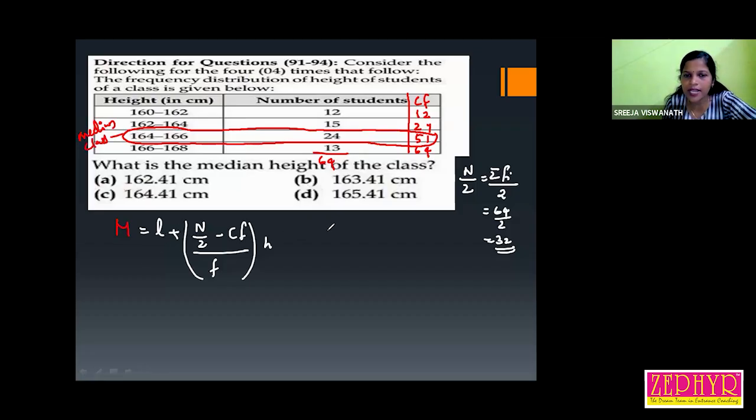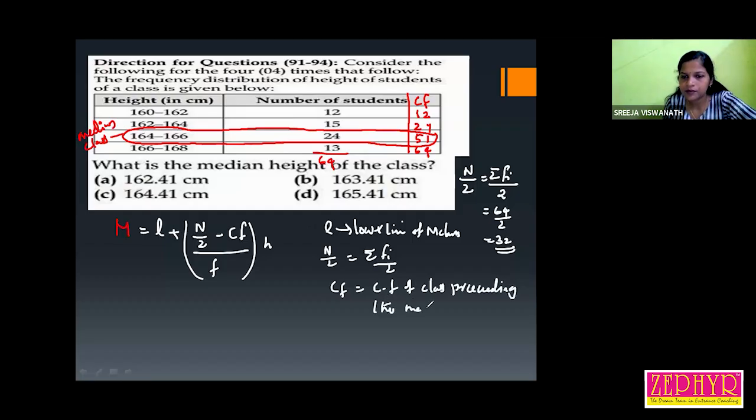Here in this equation, L is the lower limit of the median class. Capital N by 2, you know that, sigma Fi by 2. CF is the cumulative frequency of the class preceding the median class.